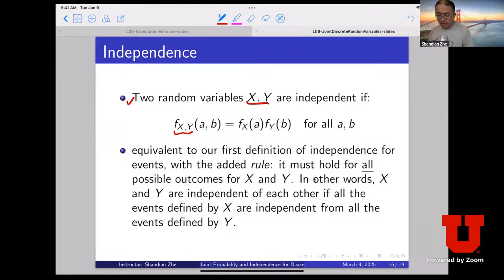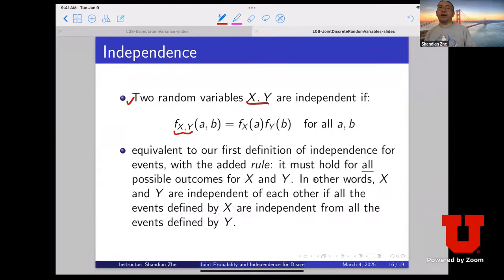Okay, and then how does this definition connect to our independence definition for random events? We want to draw some connection, right? We don't want them to be irrelevant.